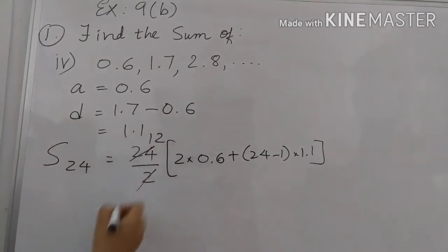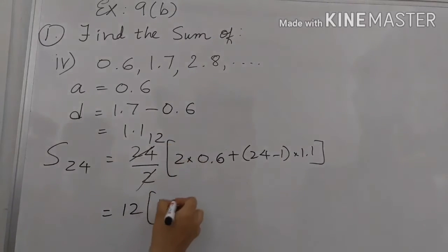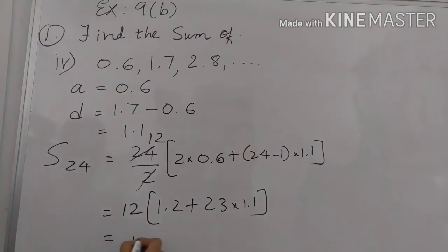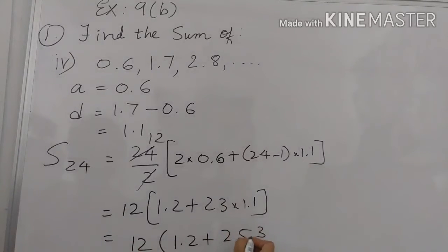Here you can cancel as 12 twos are 24, and then in the next step 6 twos are 12. So 1.2 plus 23 into 1.1. So here in the bracket also we have taken simplification. Now solving further, this is 253 and putting the point here, so 25.3.